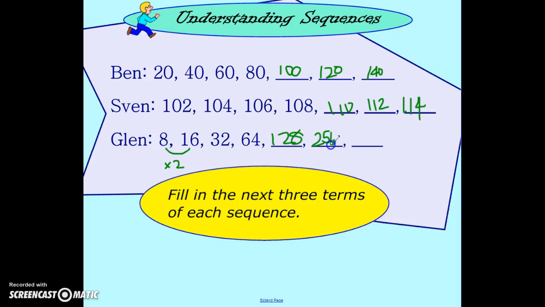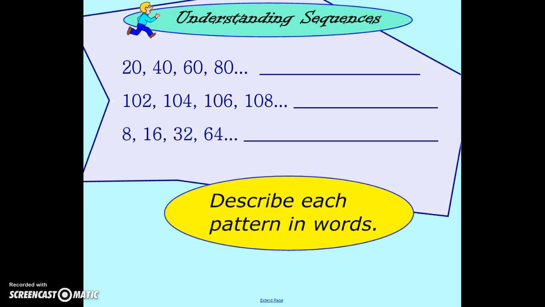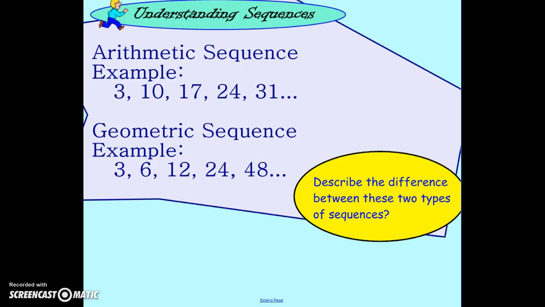And by the time we get to the 7th term over here, he's already halfway to 1,000. And if we continue this one more term, Glenn would definitely win. So I hope you circled Glenn. If not, it's not a big deal. Then you have some space to describe in words how you found each of the new terms. We talked about it, so you can describe in words on your own.